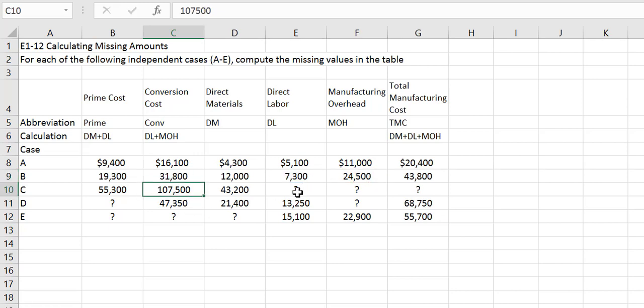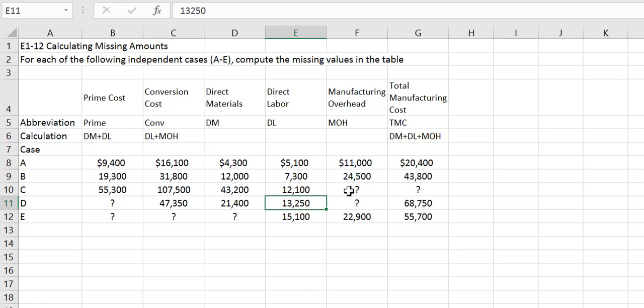Case C, we're looking for direct labor. We'll have to backtrack into that. We don't have total manufacturing cost, but we do have conversion cost. So we do have prime cost, which is materials plus labor. So we can take the prime cost and subtract out materials. That leaves us with labor.